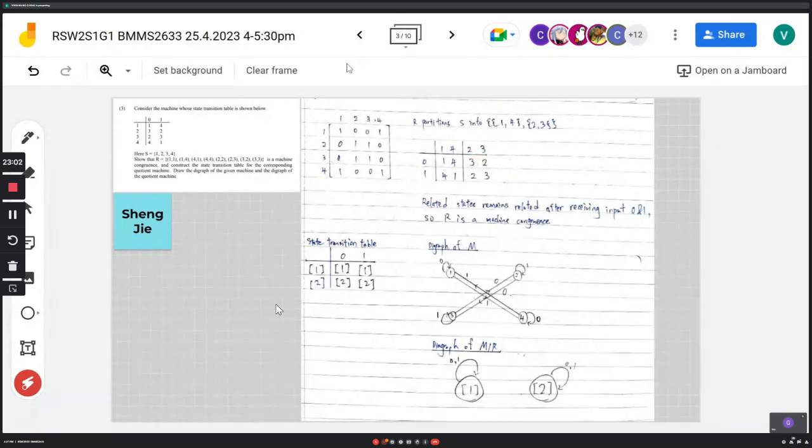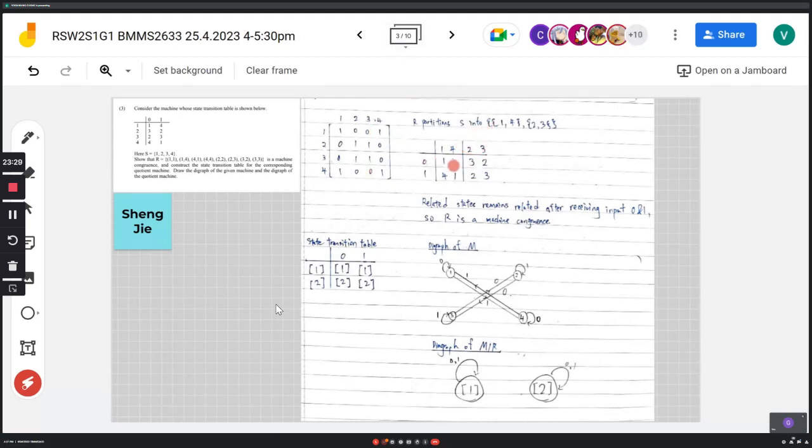Yeah. Okay. So we can actually look at the matrix here, or you can look at the relative state also. If you find the relative state of 1 and 4, they are the same. So that means we can group them together. The same also for 2 and 3. You can see from the matrix here that they are the same, right, so that means they can be in one group.